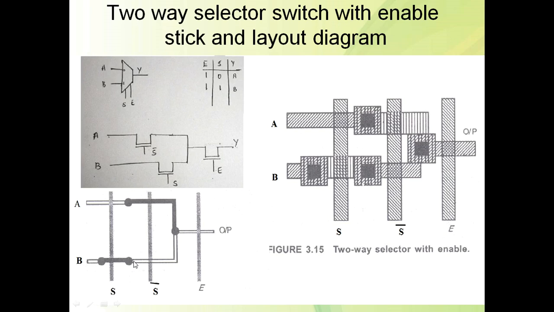If we use a polysilicon layer here, another transistor is formed. Now this is n diffusion and this is poly, so another transistor will be formed. This is this transistor. There is some mistake, this is S bar. Assume this is S bar and this is S.